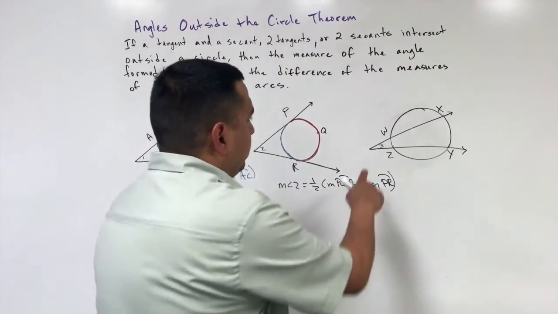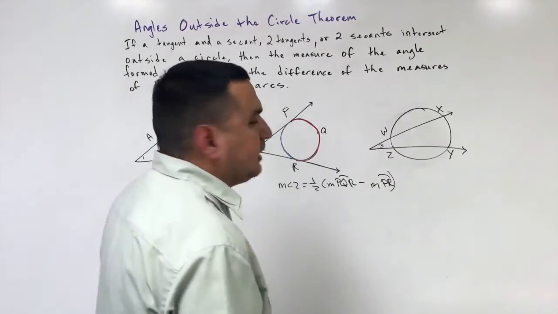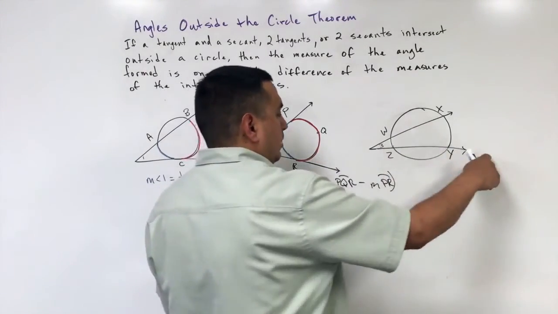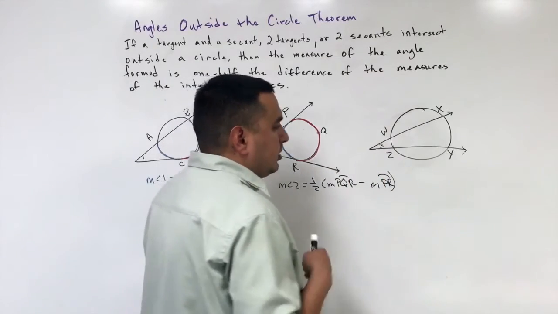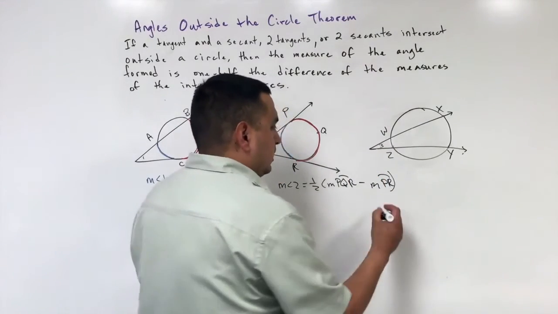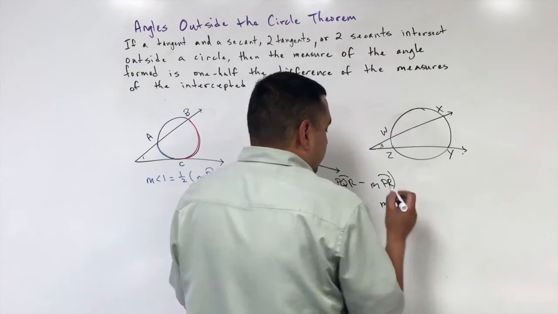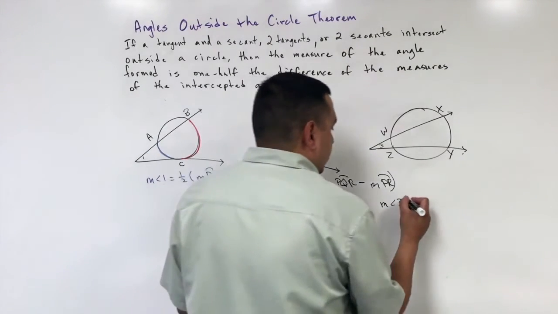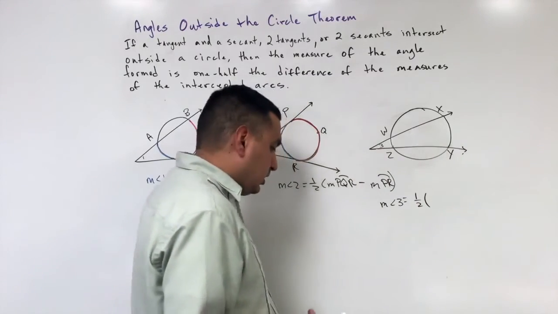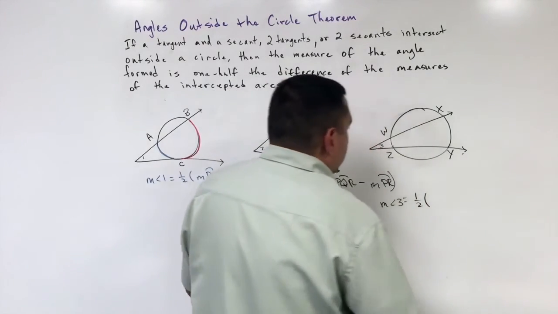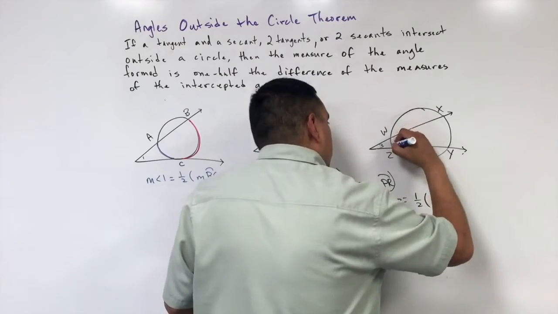And now we've got angle 3, and that's made by two secants that are cutting through the circle. They're still intersecting outside, but it's the same idea, same formula. To find the measure of angle 3, I want to take 1/2 the difference of the intercepted arcs. As you can see, I have an intercepted arc here.